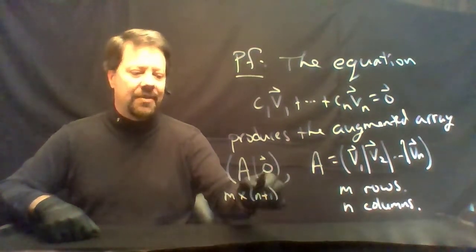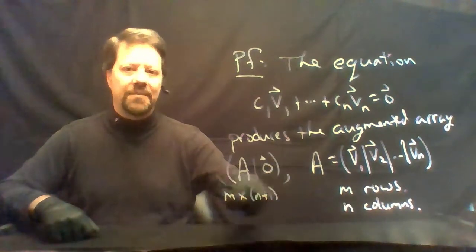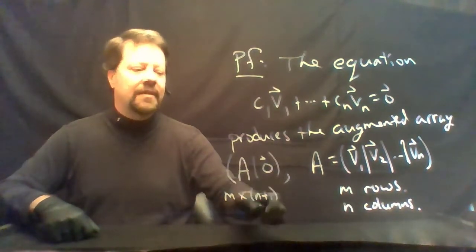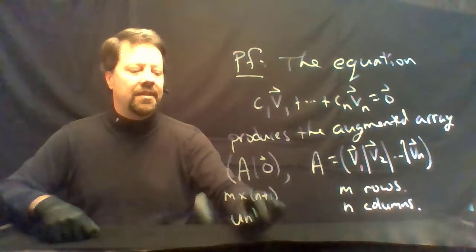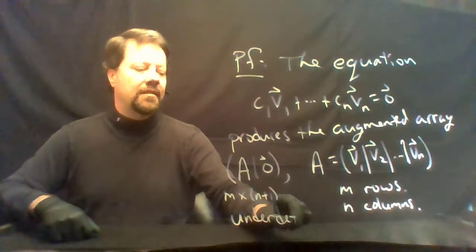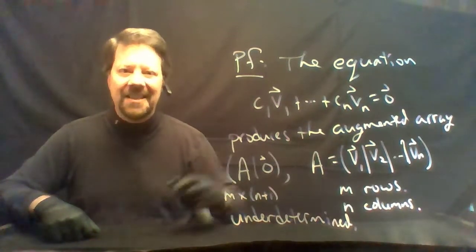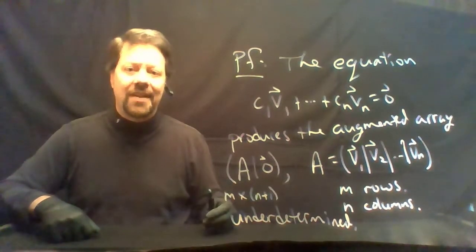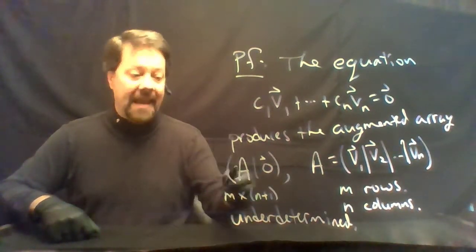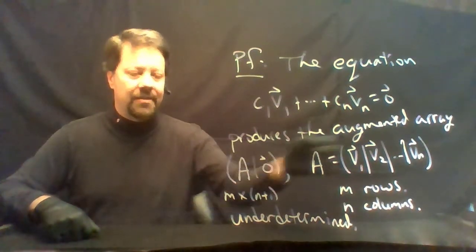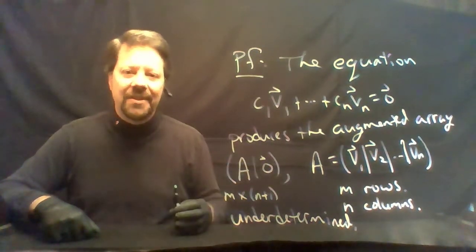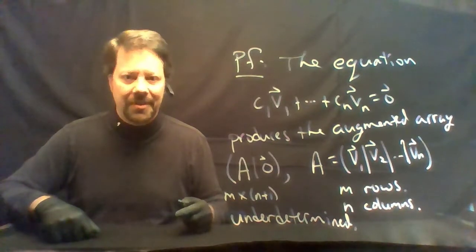This, because you have so many more columns than you have rows, is underdetermined. Because this system of equations is underdetermined, and it does have a solution, namely the trivial solution, you can tell that it has infinitely many solutions.